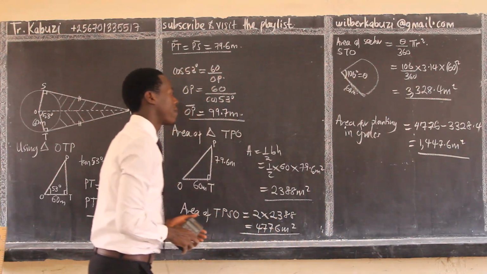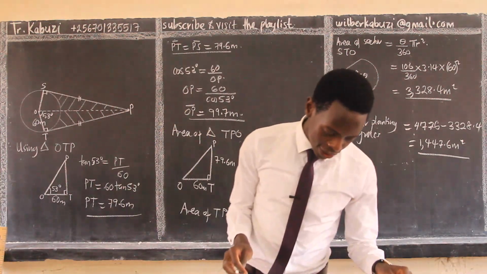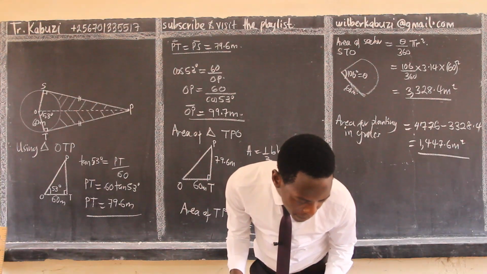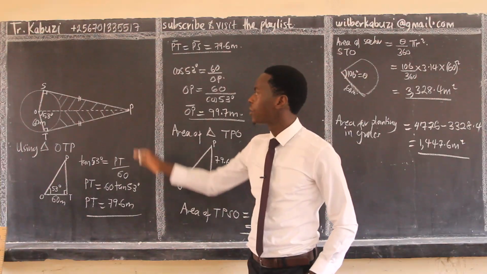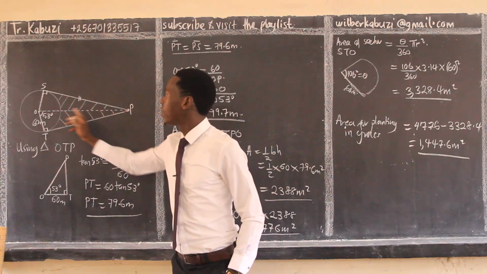That's the area for planting the grass. So we have basically helped the council to determine the area for planting grass, and also the length of the roads and the pathway.